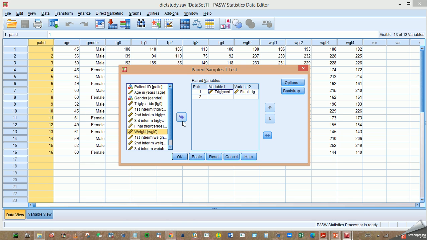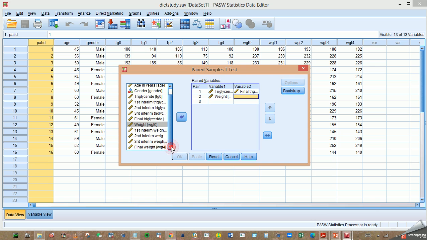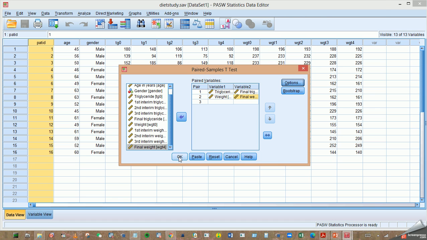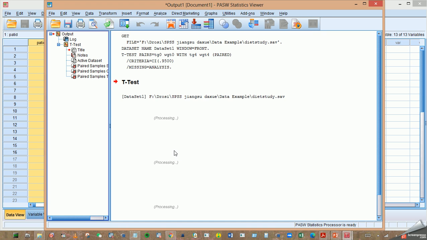Then we go for the second pair: this is the weight before the diet, and the weight which is the last one. This is the confidence interval. Everything is okay. Now we press OK.